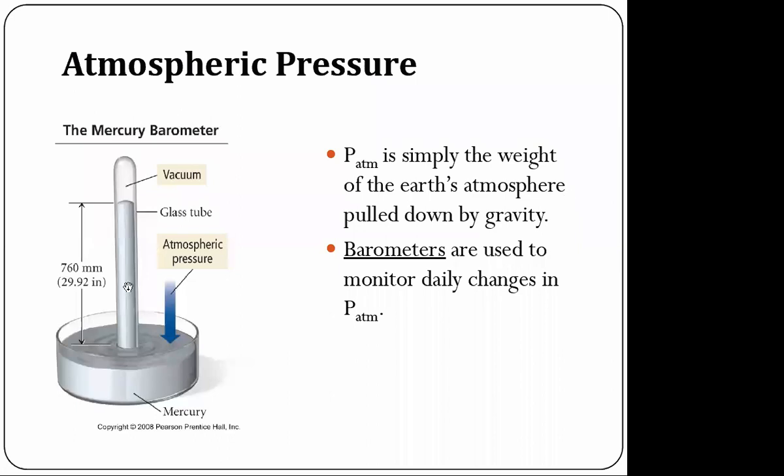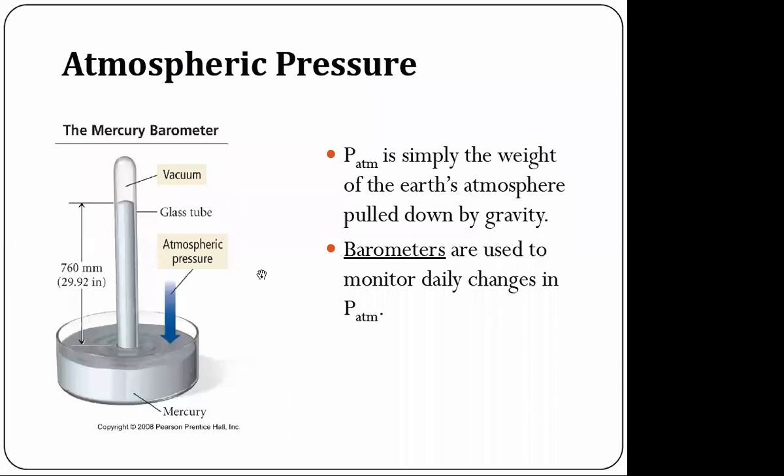So if you have mercury in a bowl and you put a glass tube in it, there will be a rising of that mercury as a result of atmospheric pressure. The distance that the mercury would move is 760 millimeters.